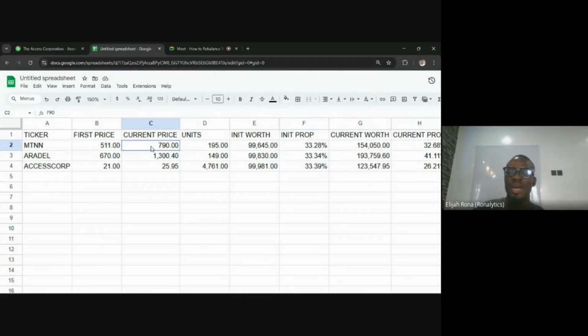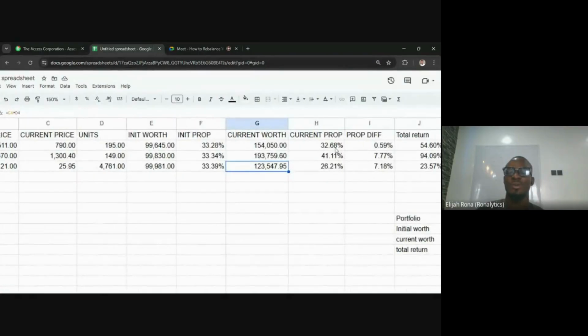Their initial proportion is when you use their first price. But now based on their current price, the current price multiplied by the number of units that we have will give us the current value, which is 154,050 naira for MTN, around 193,000 for Aradel, then around 123,000 for Access Corporation.